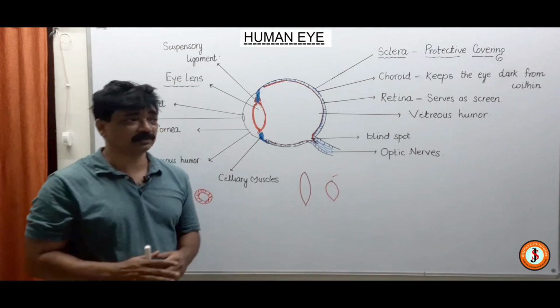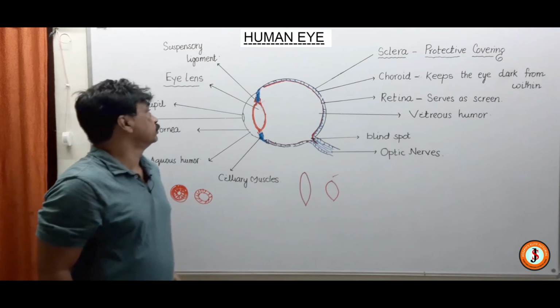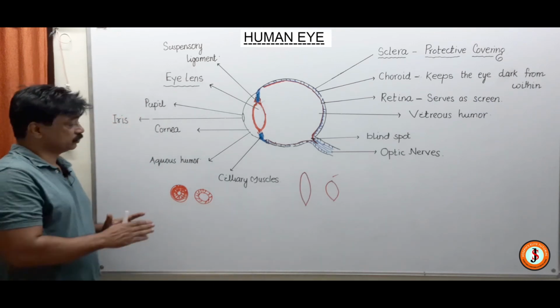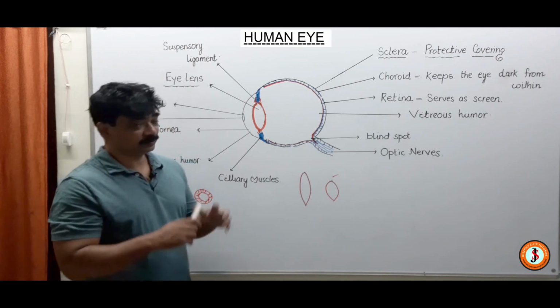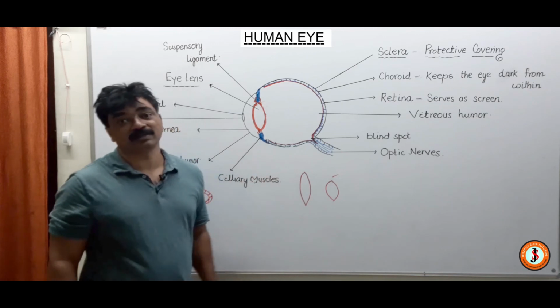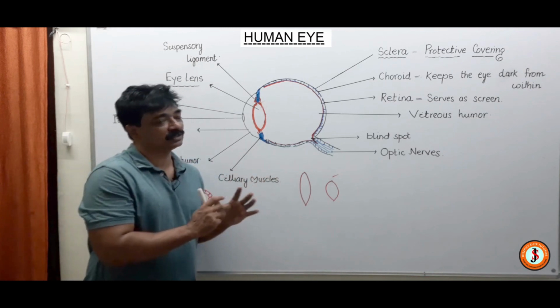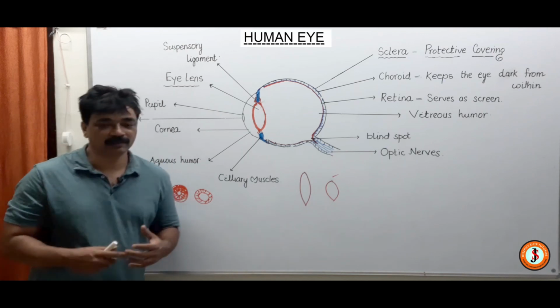The ligaments and the muscles help in the movement of the organ. So this is how the eye functions. First, this is the structure of the eye. Next video we will see how the eye functions.